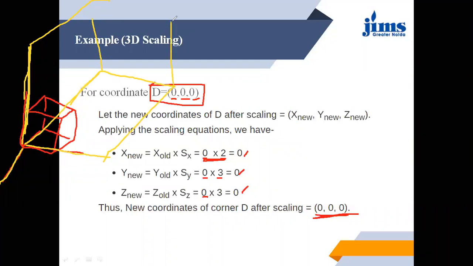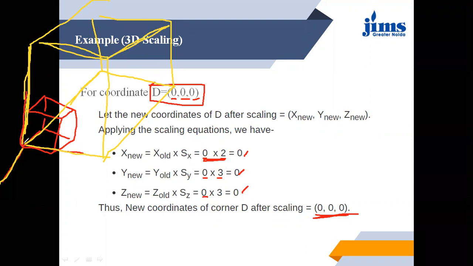After scaling by 2, 3, 3, the original object changes into this object.